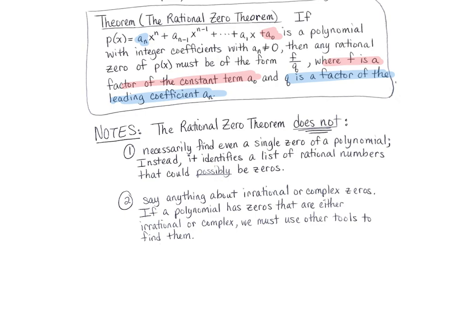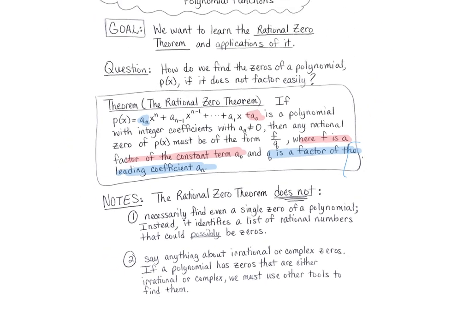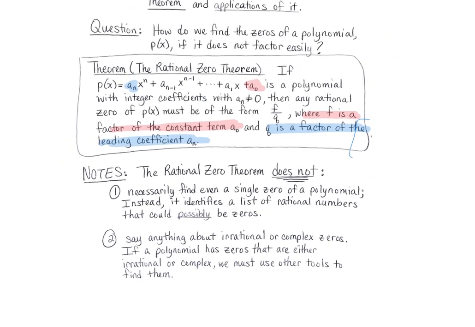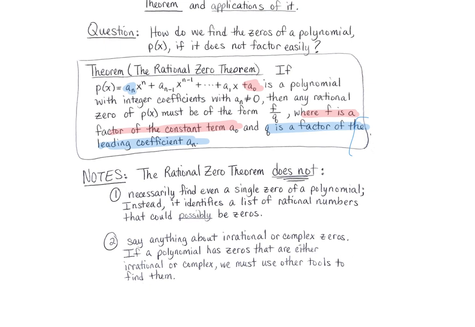Rational zeros theorem. What does it say a naught is? A naught is what? What kind of term is a naught for a polynomial?